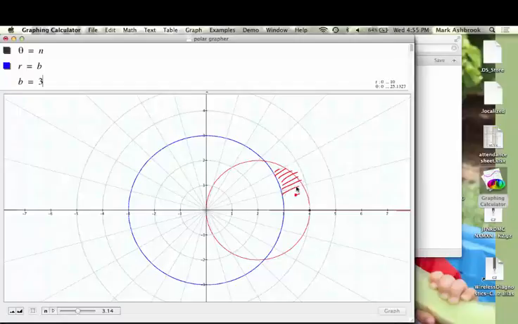Do you want to use rectangular coordinates to find that? Not very convenient, right? Using polar coordinates to get the area of that moon is a lot more convenient. Okay, so we're going to set up our integral.